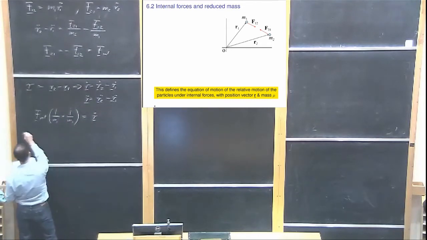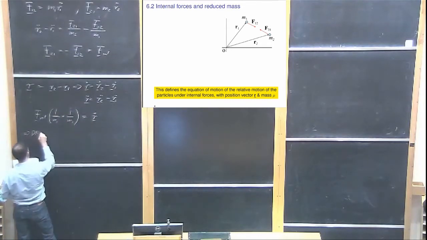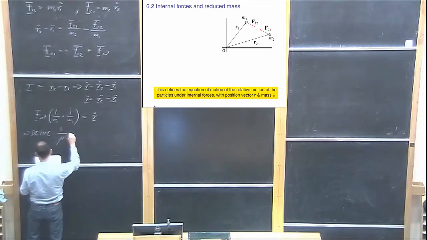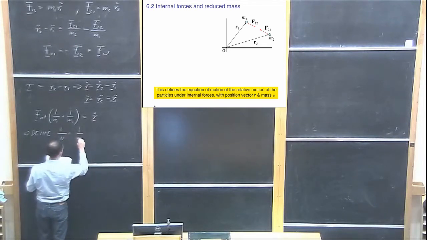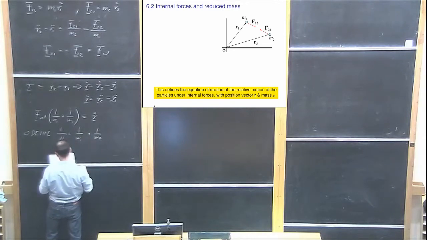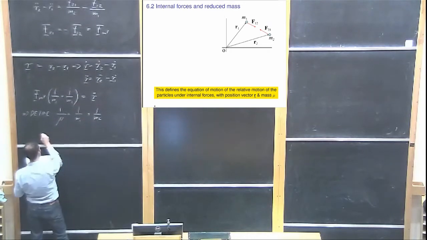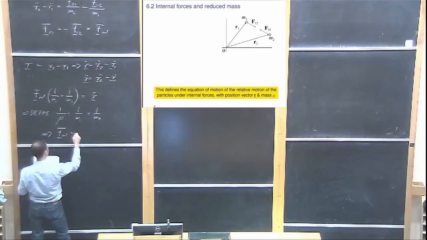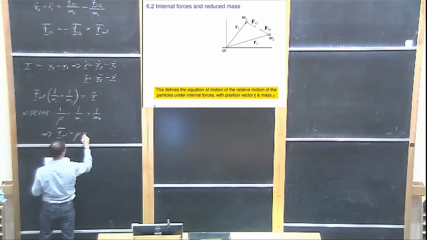And now the definition: define 1 over mu equals 1 over m1 plus 1 over m2. And we get F internal equals mu R double dot.